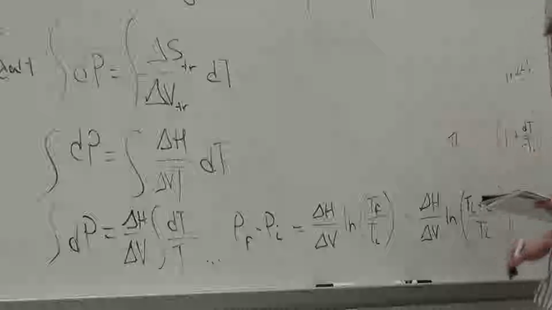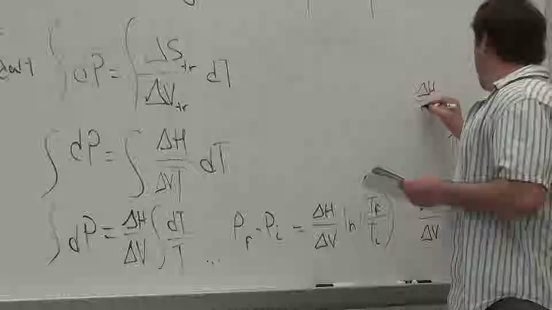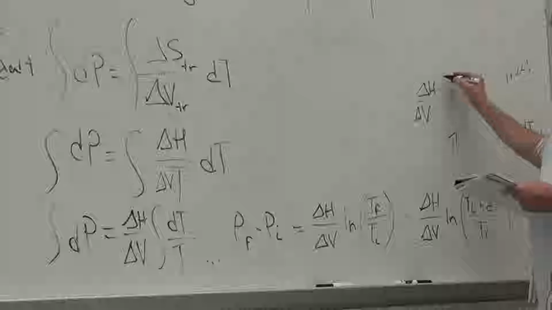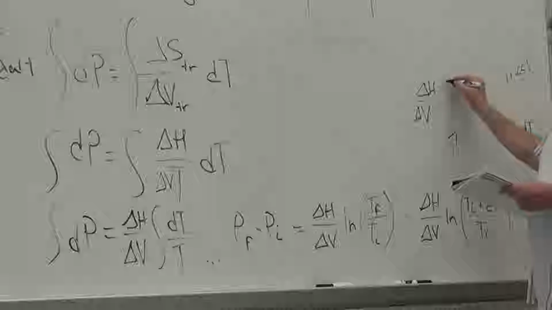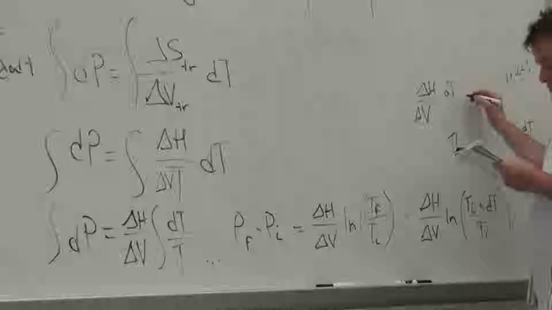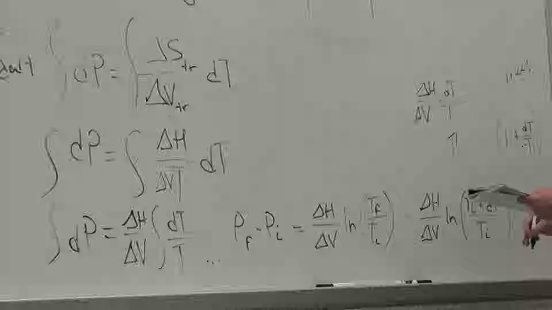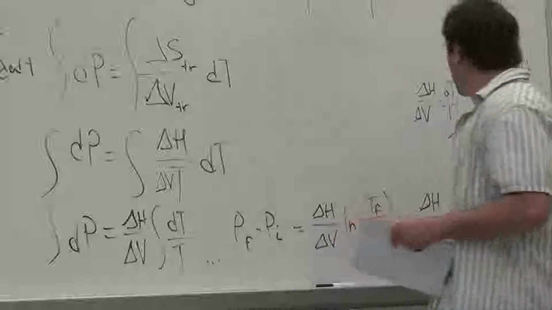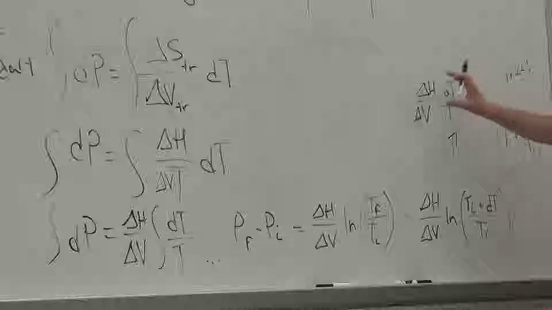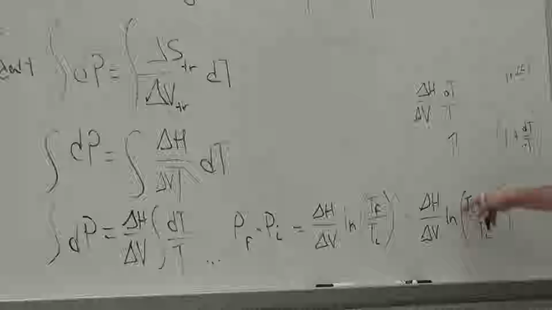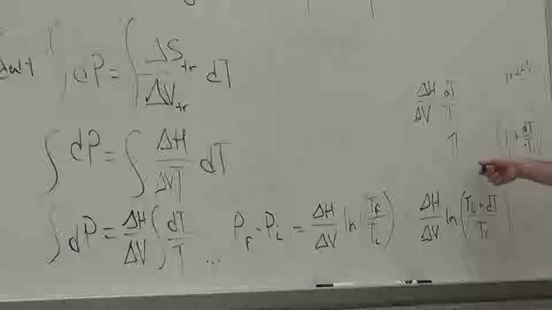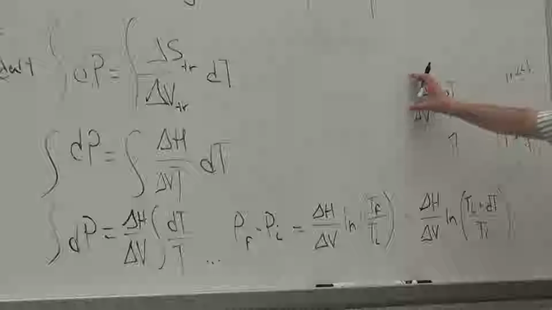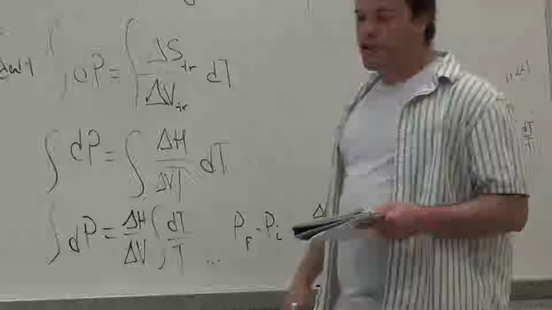So delta H over delta V times the natural log of T initial plus dt over T initial is just equal to delta H over delta V times dt over T. And so your pressure ends up being, we had a natural log argument for this guy, but by using that series expansion, we find out that we can recast it in a term that says that essentially the change in pressure is linearly dependent on the change in temperature.